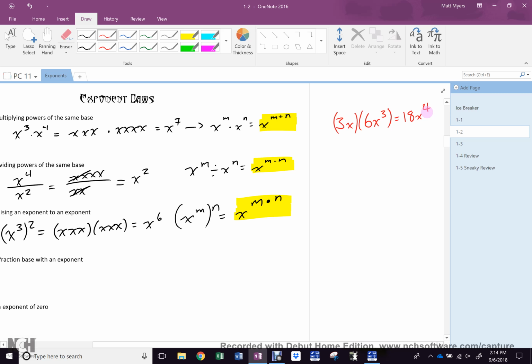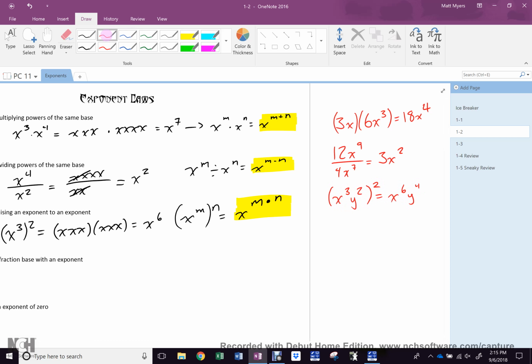4. What about this one? What is 12x to the 9th divided by 4x to the 7th? 3x squared. Lovely. What is x cubed y squared all squared? X to the 6th, y to the 4th.